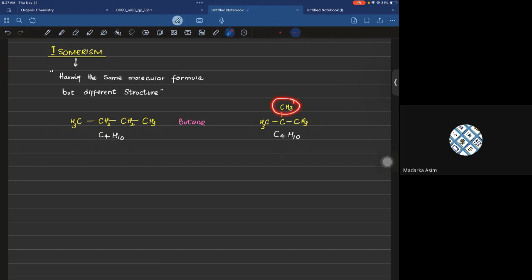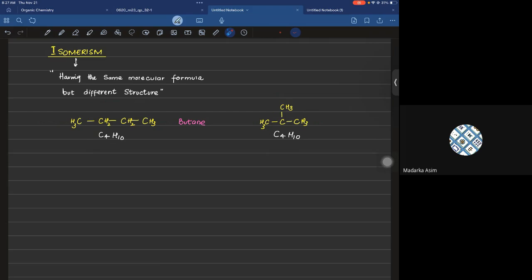Now you can see this is the branch. In this structure, there is no branching. So now I can say that they are isomers of each other. Why? Because they have the same molecular formula, but different structural formula. One compound contains the long chain, but the other compound doesn't.